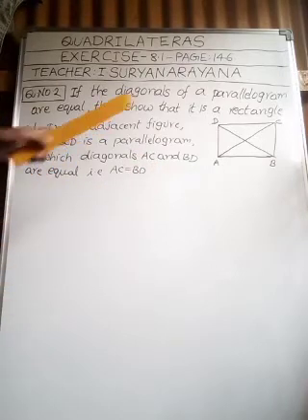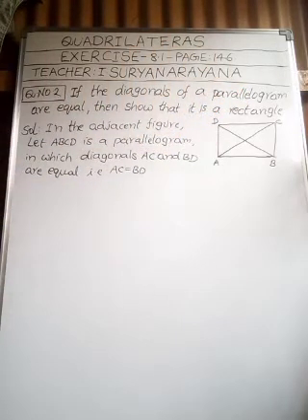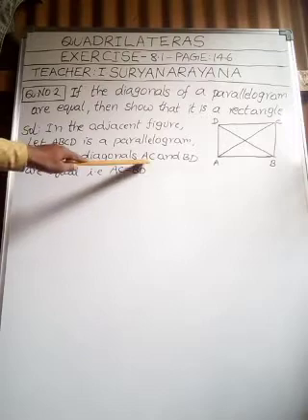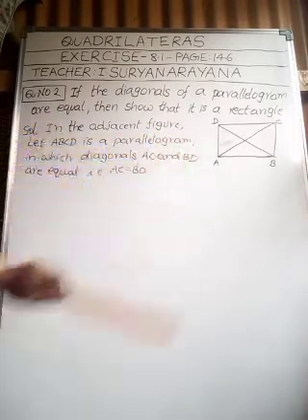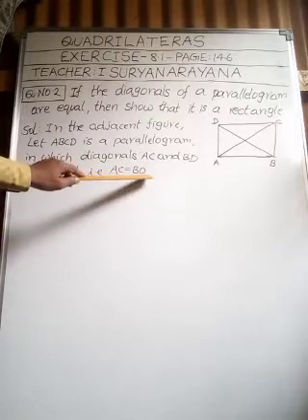It is given that in this parallelogram ABCD the diagonals AC and BD are equal. Okay, my children, understood this point?